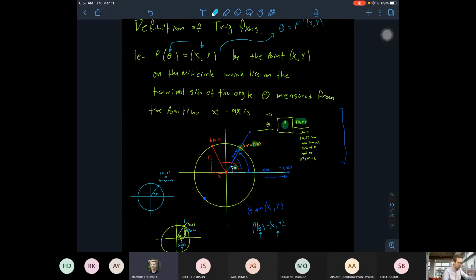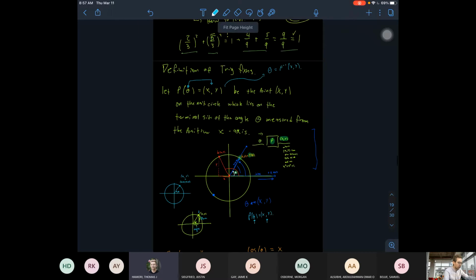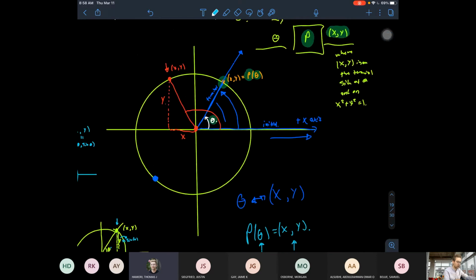Okay. Well, let me say this. We're going to move forward from this eventually, and we're going to talk about lots of trig functions, and really the basis of our entire discussion about trigonometry, which we're going to talk about for like the next month, is going to be entirely predicated on your understanding of this unit circle.